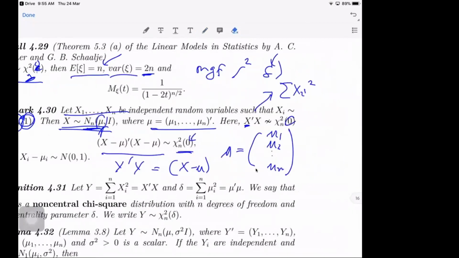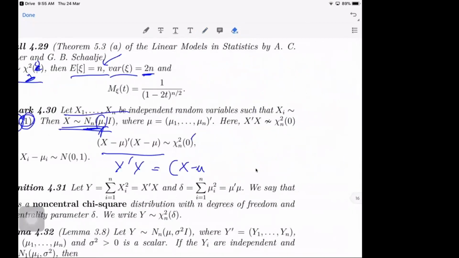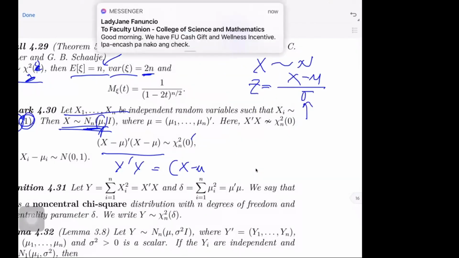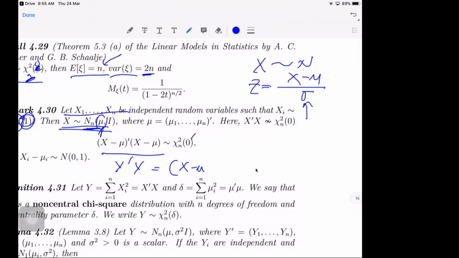If you recall in your basic statistics course, if you have an x that is normal and you want to standardize, z is equal to x minus mu over sigma, but this is the standard deviation. Correct? Isn't this the transformation for standardization? You standardize your random variable.